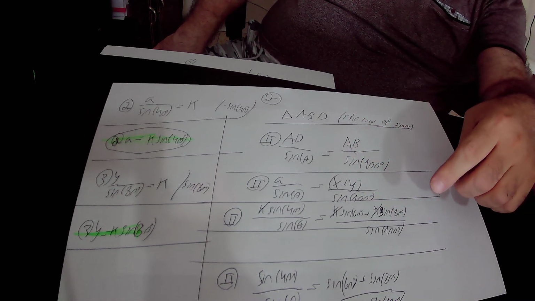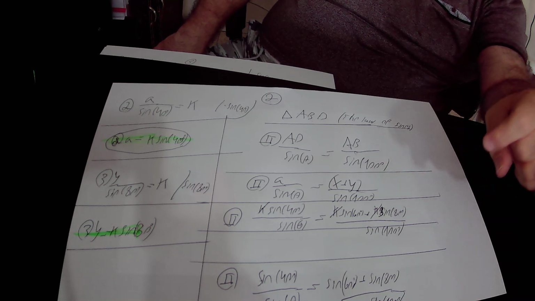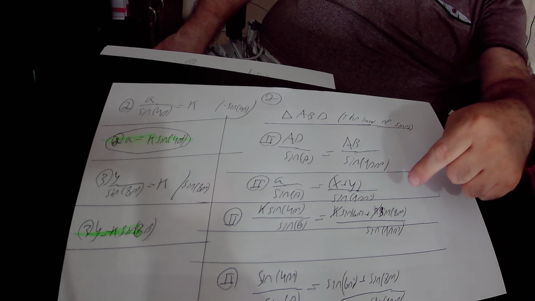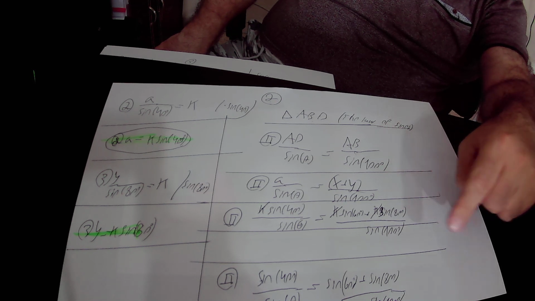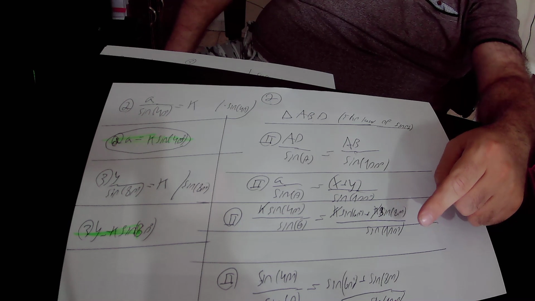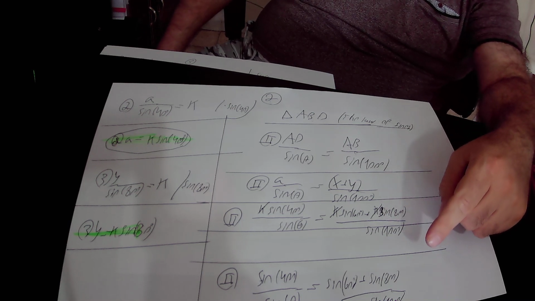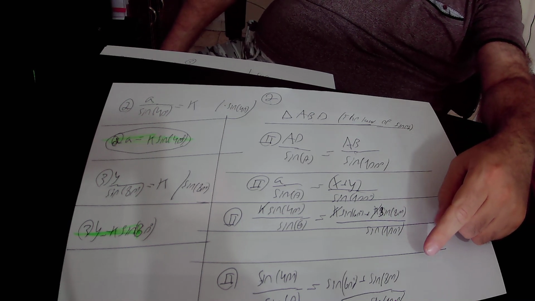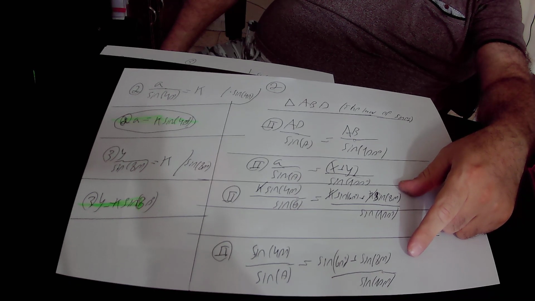When we got this equation number 2, we have K on both sides of the equation, so K will get cancelled. What is left is sine 40 degrees over sine theta equals sine 60 degrees plus sine 80 degrees over sine 100 degrees.